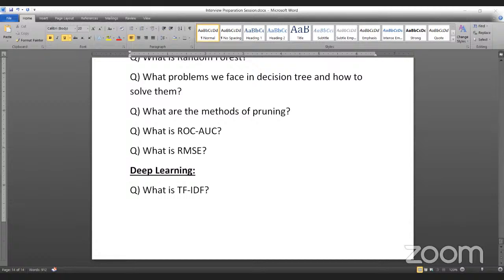Basically IDF is the log of 1 by DF, which is document frequency.